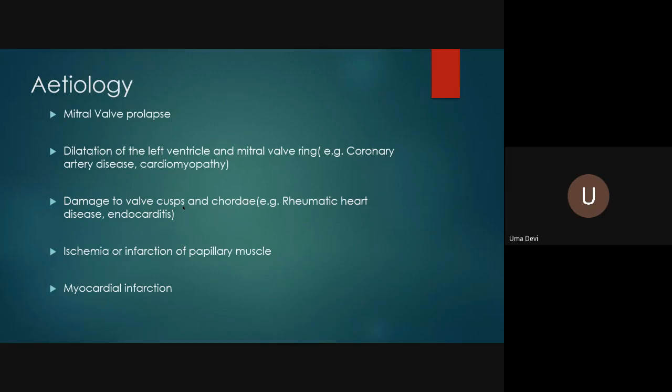Whereas in chronic mitral regurgitation, the compensation goes on and the patient will slowly present. Of course, there may be some acute event like anemia, myocardial infarction, stress like fever, or infective endocarditis, which will precipitate a change from a stable to an unstable condition.